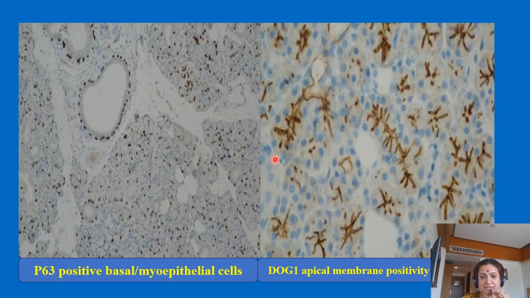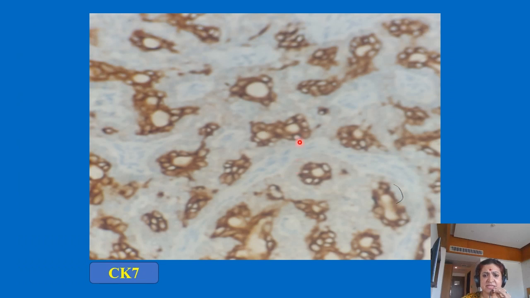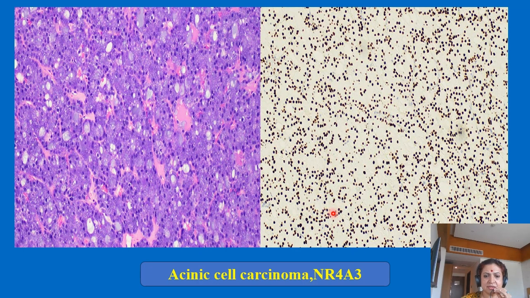This is the normal salivary gland histology wherein these IHCs are highlighting the normal acini. This is the CK7. This is the biphasic tumor showing the luminal ductal cell positivity of CK7, whereas the abluminal cells are negative. This is the acinic cell carcinoma showing diffuse strong nuclear positivity for NR4A3.